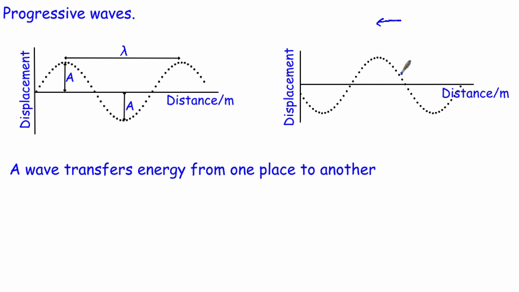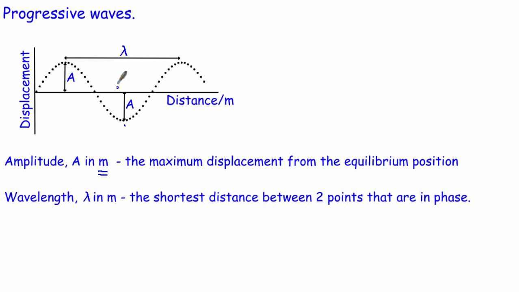It's very difficult to see, but if you were able to watch both of those at the same time, you would see that they both went up and down and did exactly the same thing. Because they're doing exactly the same thing, you would say that they're in phase. We'll have a look at that in a bit more detail in a bit. And the shortest distance between two particles that are in phase is called the wavelength.